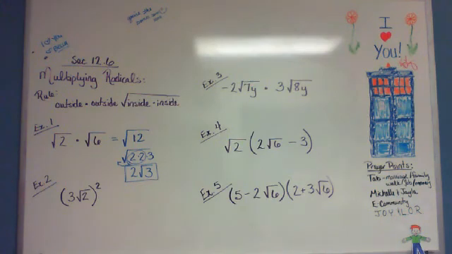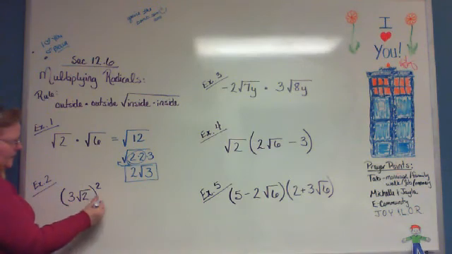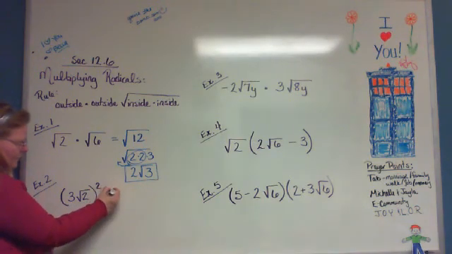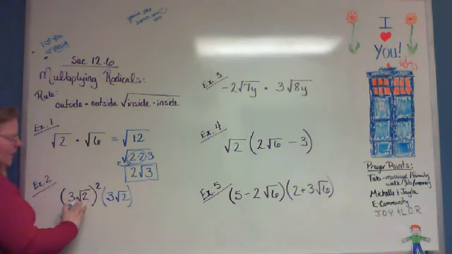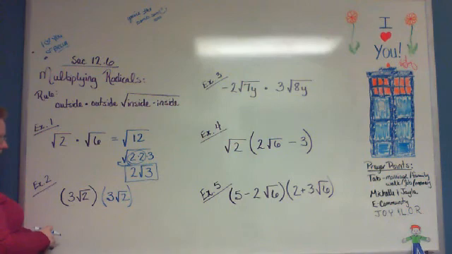Example 2. This says they want us to square this whole thing. Well, a square really means that you write it twice. So this is like saying this thing times another one. Now that I've gotten it written twice, I can erase that square.